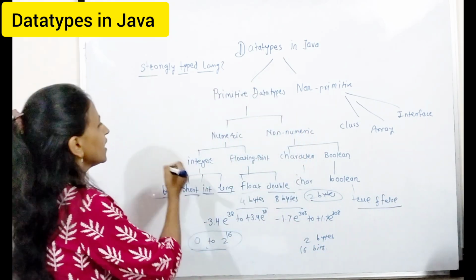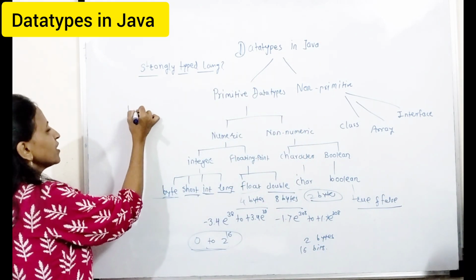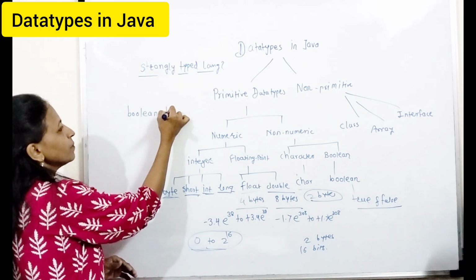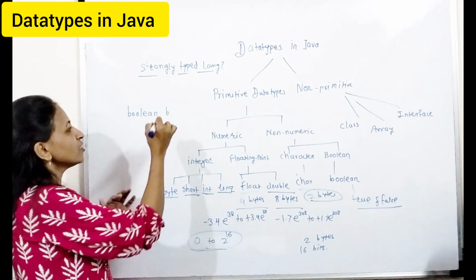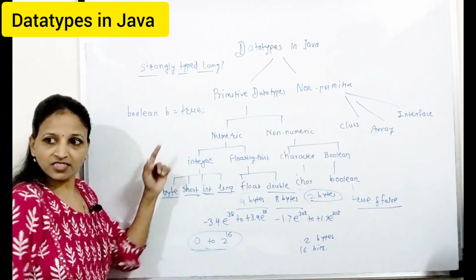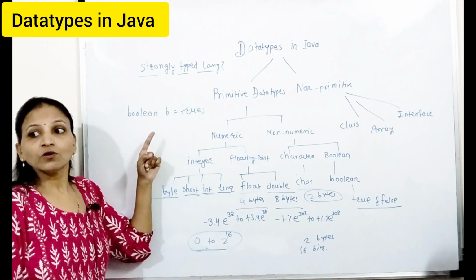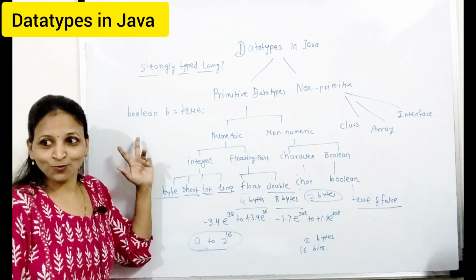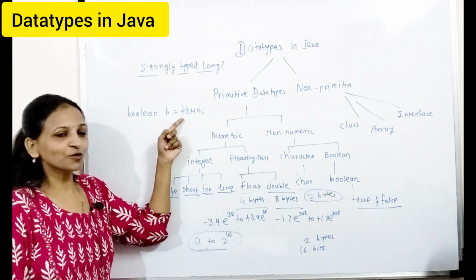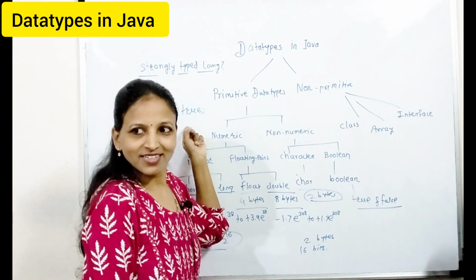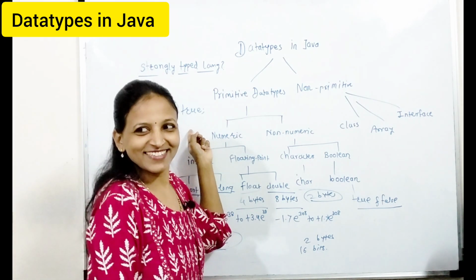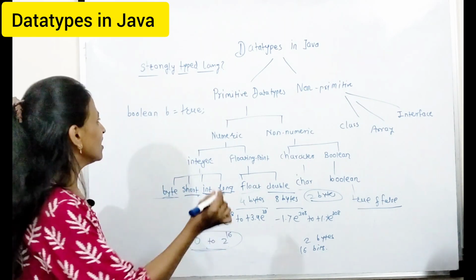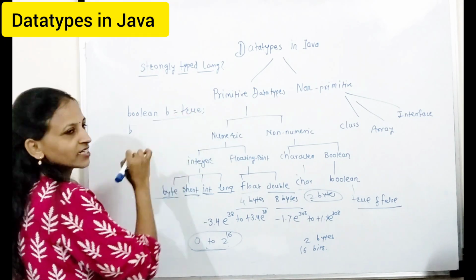That's why the only possible values are true and false. If you have declared a variable of type boolean, you declare it as boolean b, and you can assign true or false in this way. You have to write it this way compulsorily. Don't enclose true in double quotes, and t should be lowercase. Don't write capital T. If you have written it like this, it is correct, and you will not get any error.